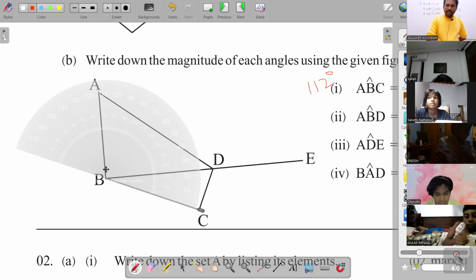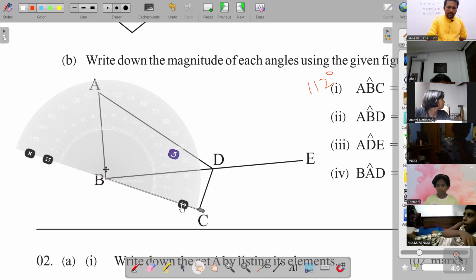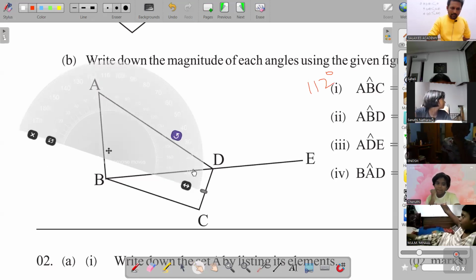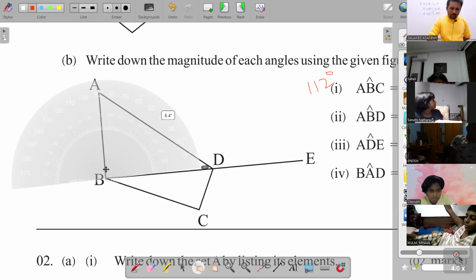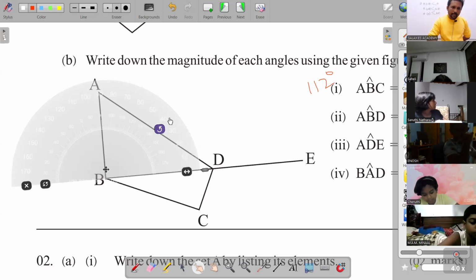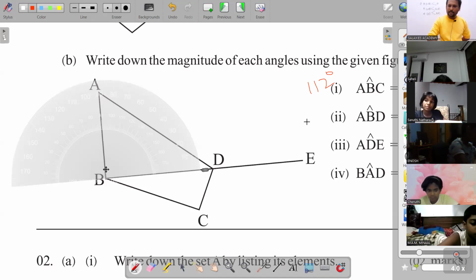Next one, ABD angle. ABD angle means this angle. So correctly, you have to keep the protractor. It is equal to 90 degrees, no? ABD angle is equal to 90 degrees.